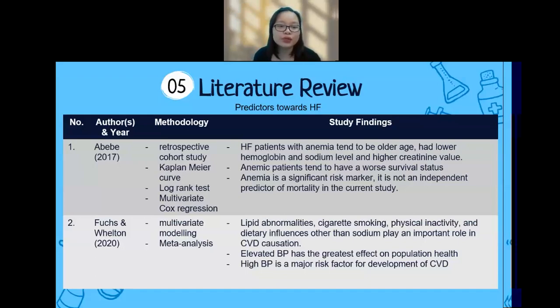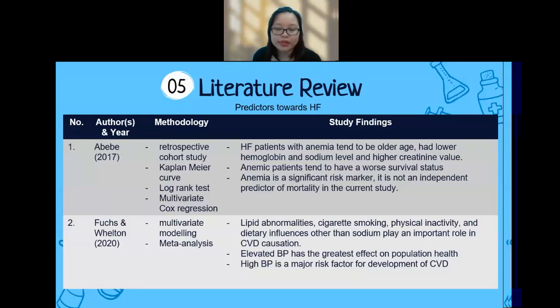Another author used multivariate modeling and meta-analysis, and the result is that lipid abnormalities, cigarette smoking, physical inactivity, and dietary influences other than sodium play an important role in cardiovascular disease causation. So elevated blood pressure has the greatest effect on population health.